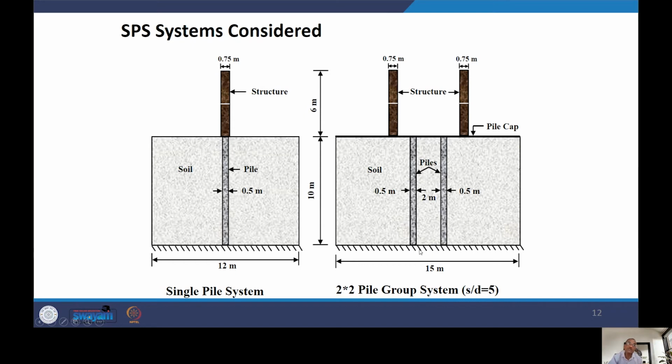So now these are the two systems, one is for the single pile system, another is the 2 by 2 pile group system, and both systems are subjected to earthquake excitation. Let's solve both systems and find out what is the response of the single pile system or the response of the pile group. So that has been shown in the next slide.